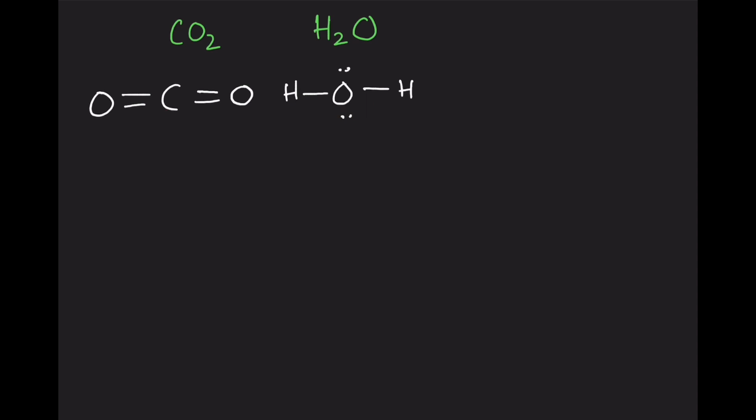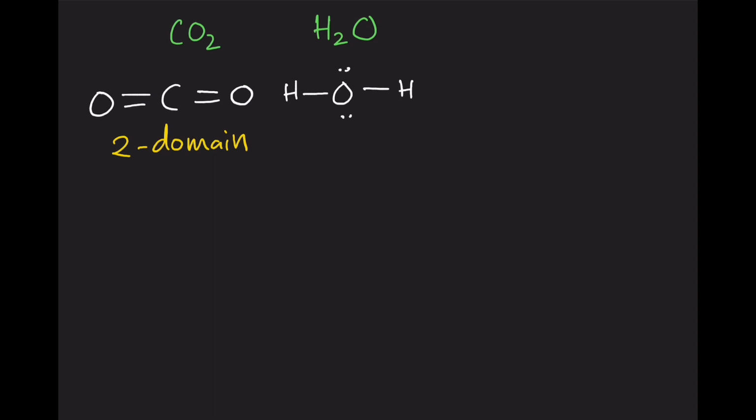To understand this, we have to visit the concept of the shape of molecules. For CO2, we call this a two-domain structure. Each bonding pair and each lone pair, we count as one domain.